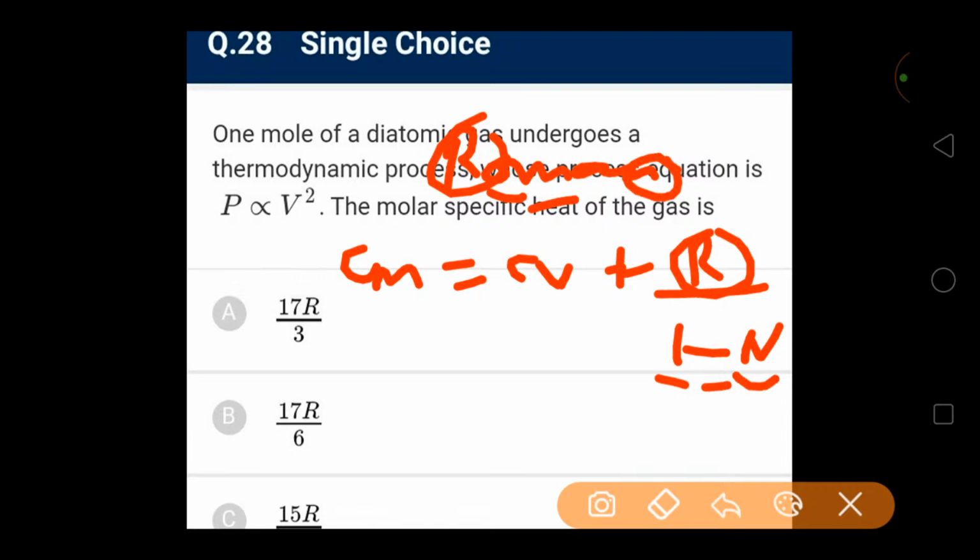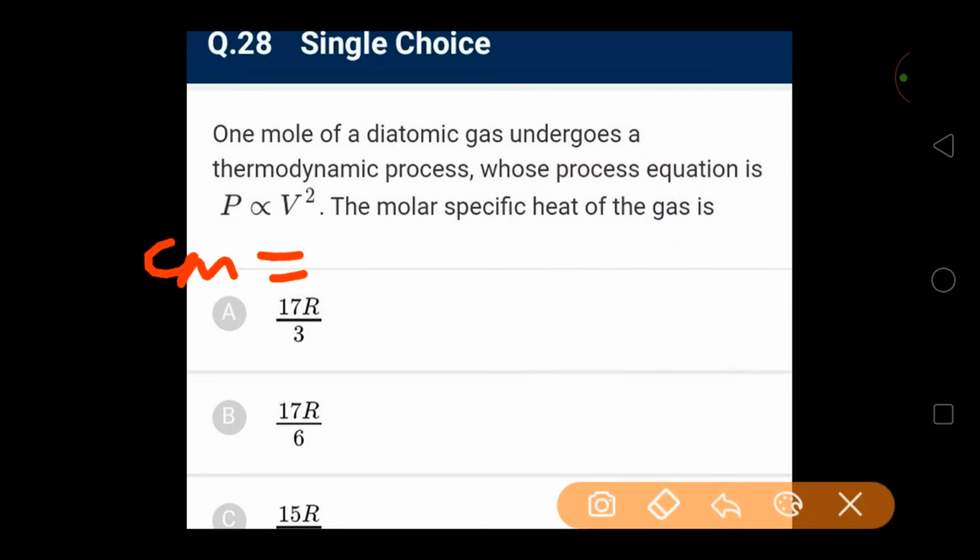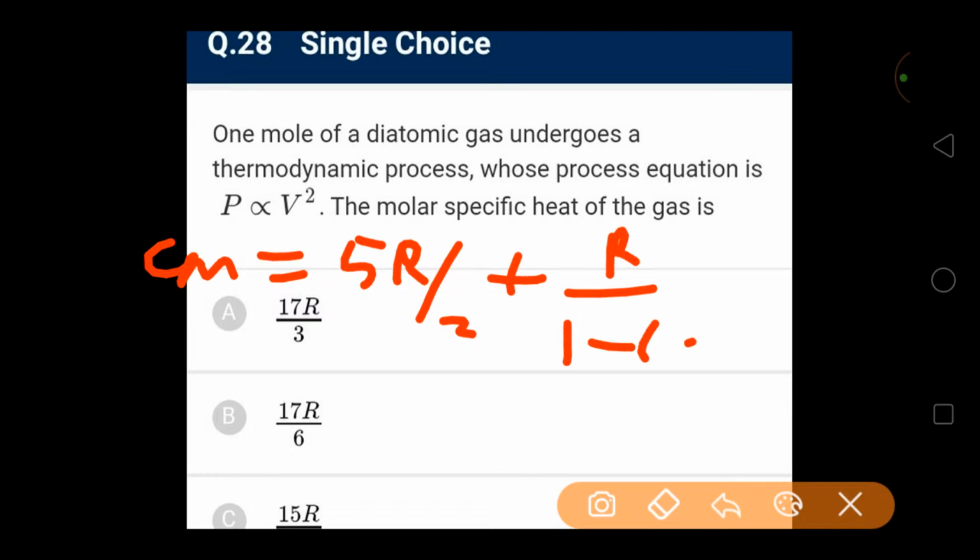For a diatomic gas, what is Cv? Cv means fR by 2. For a diatomic gas, 5R by 2. Right? 5R by 2. So 5R by 2 plus Roman, that is R by 1 minus of minus 2.